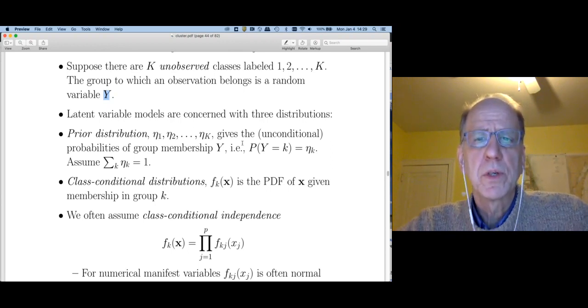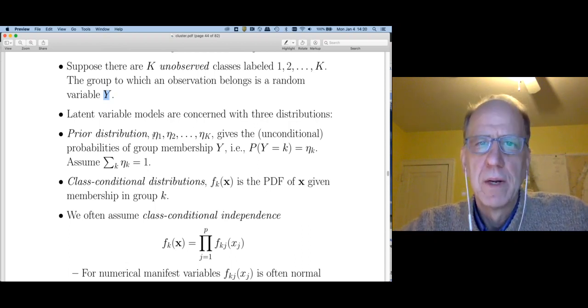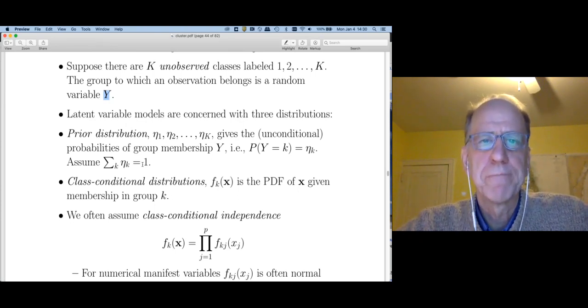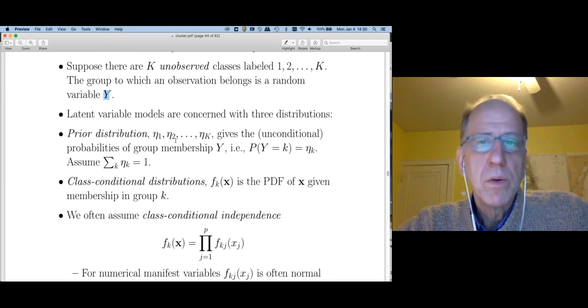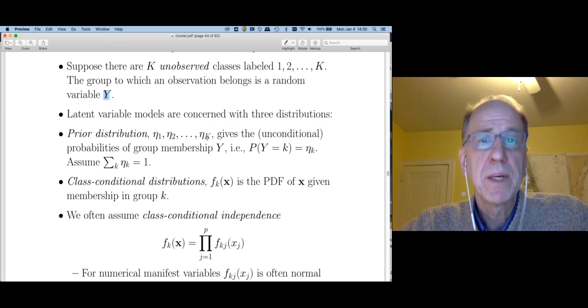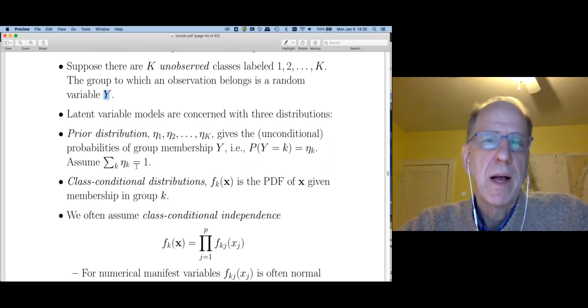I'm going to use the Greek letter eta to denote these prior probabilities. Note that the prior probabilities must sum to 1. So these etas specify a probability distribution and therefore must sum to 1. An implication of this is that we only have to estimate big K minus 1 priors, because if we know big K minus 1 of them, the last one we can find by subtracting from 1.